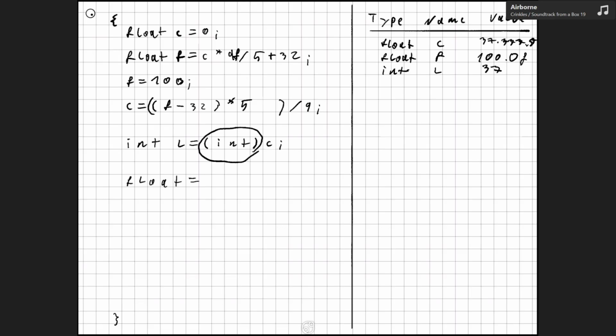There would be no issue with casting explicitly from an integer to a float. You can make this operation explicit. There's no reason to do so, but you can do that. That's fine. Generally, explicit casting can be always done.